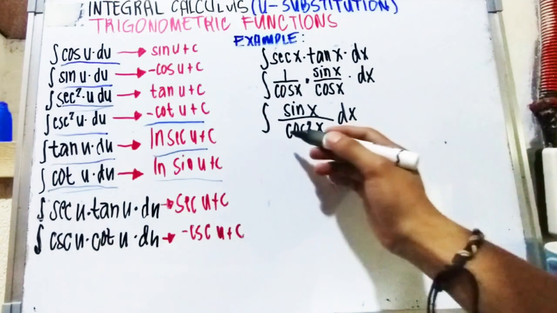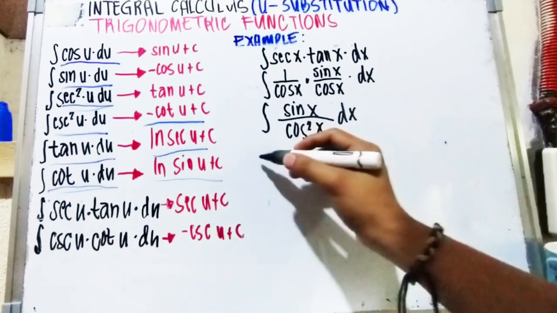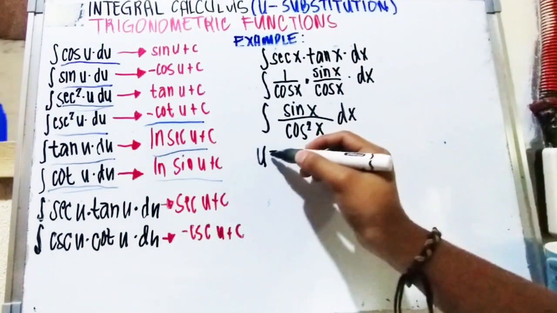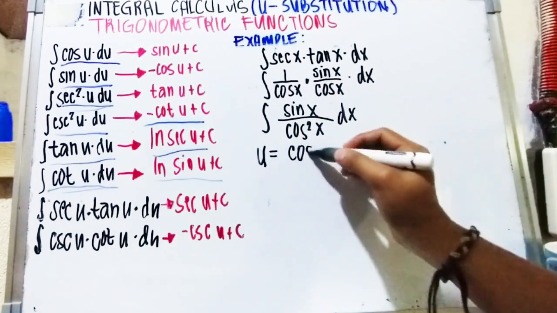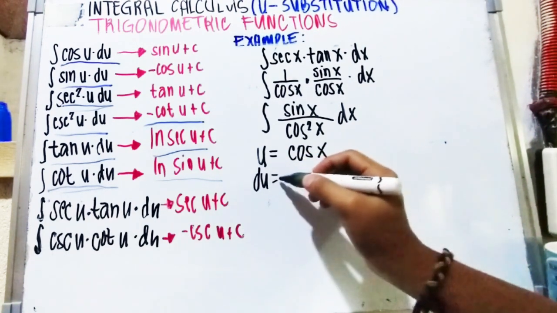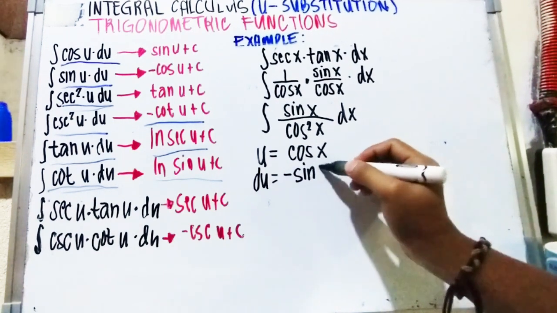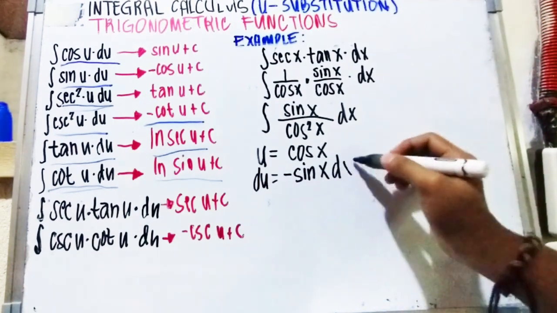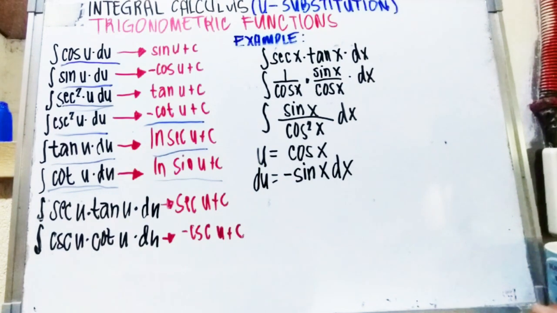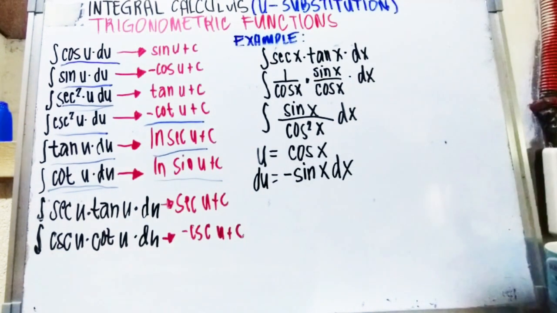Now, na further evaluate or simplify na natin yung expression, let us let u is equals to cosine x. Derivative of our u is negative sin x dx. Again, sa differential calculus natin, yung derivative ng cosine x is negative sin x dx.